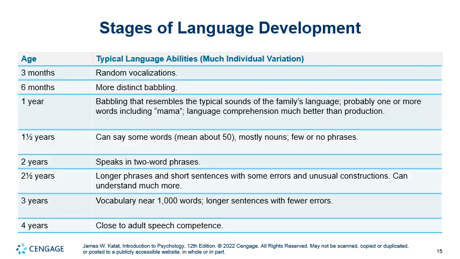Here are some stages of development. At 3 months, an infant is making noise, starting to do sounds, starting to learn vowels.